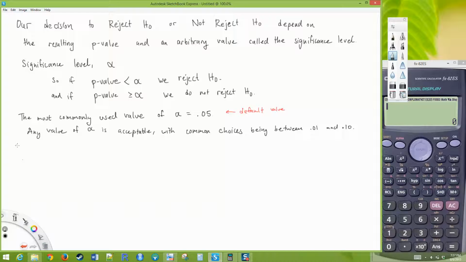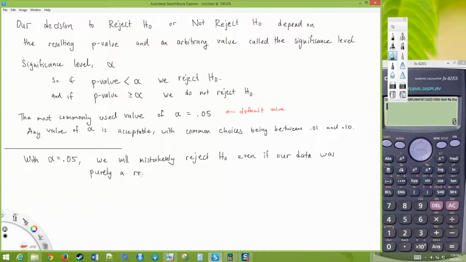So with alpha equal to 0.05, we will mistakenly reject the null hypothesis even if our data was purely a result of random chance, 5% of the time.